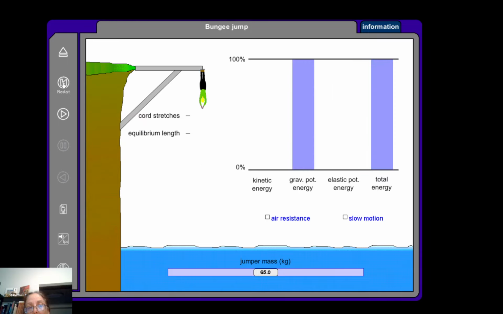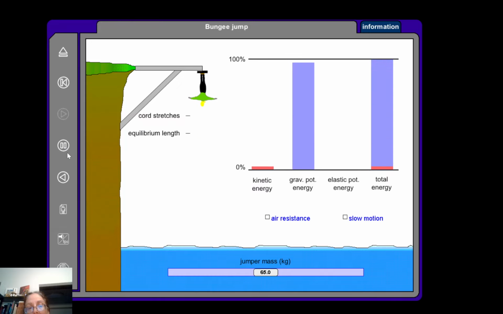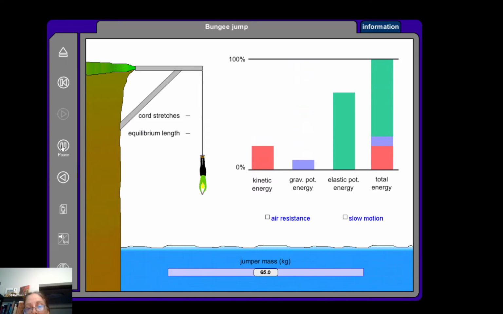If you go back to the beginning, everything is in potential energy. Then he is in free fall until that position here. And at the very end, everything is in elastic potential energy.